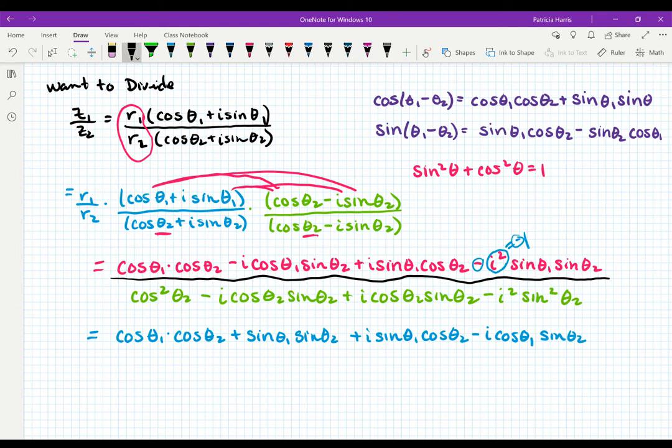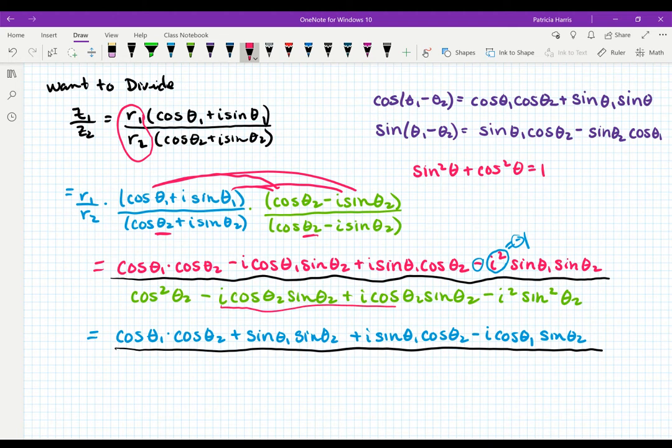Let's take a look at the bottom. Okay, so notice on the bottom that these two guys in the middle, those are opposite, they're going to cancel out. Also notice we have an i squared and a negative, so that goes to -1, and that is going to change to a positive.